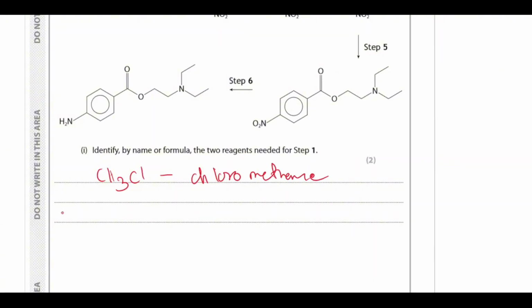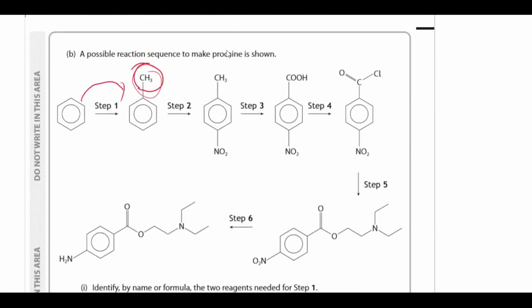And of course, the other thing that will be required is the halogen carrier. Since we used chloromethane, we'll have to use aluminum chloride. If you had used bromomethane, then it would have been iron(III) bromide, or aluminum bromide, whatever that is, depending on the halogenoalkane you take for step 1.